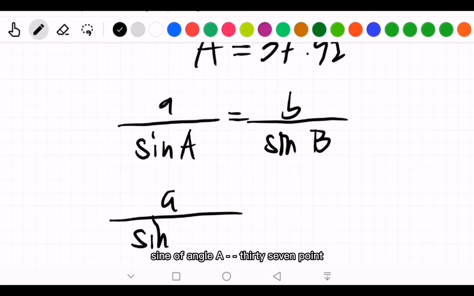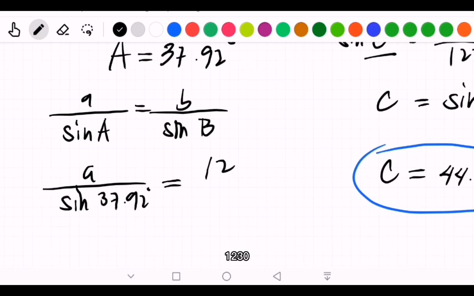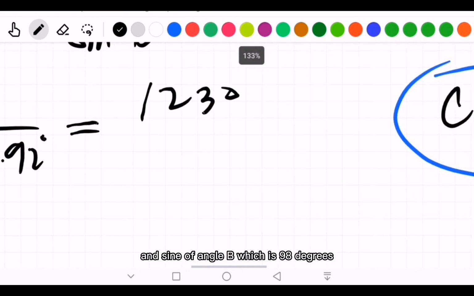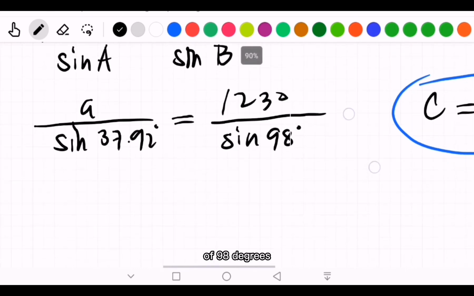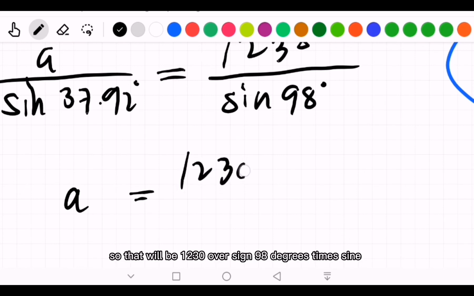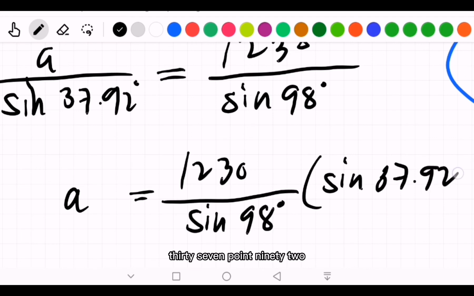A over sine of angle A, which is 37.92 degrees, will be equal to side B, which is 1230, over sine of angle B, which is 98 degrees. Since we're solving for A, by multiplying both sides by sine 37.92, A will be isolated. So that will be 1230 over sine 98 degrees times sine 37.92.